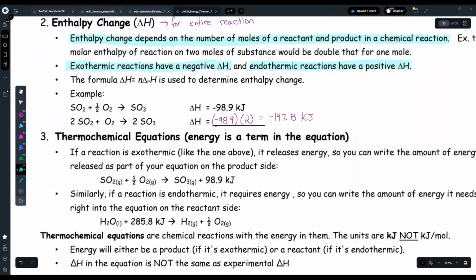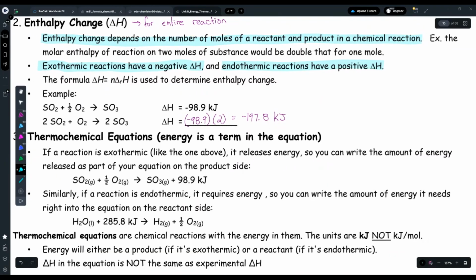All right, now on to thermochemical equations. If a reaction is exothermic, just like the one above, it's going to be releasing energy. That's why our energy term is negative, because energy is being released.